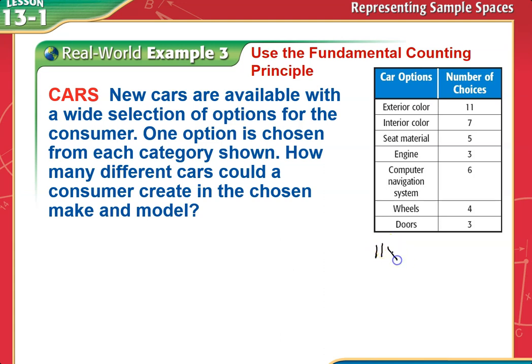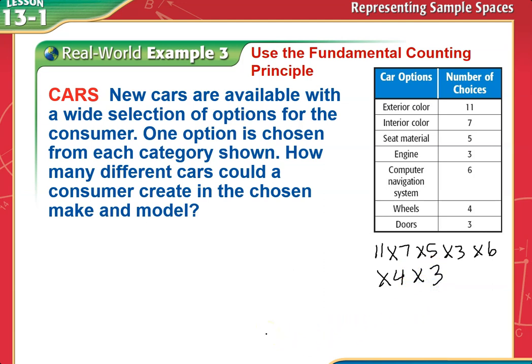And then we can multiply it by 7 interior colors, and then 5 different seat materials, and then 3 different engines, 6 different computer navigation systems, 4 different wheels, and then finally, 3 types of doors.